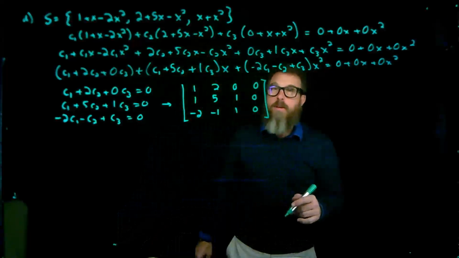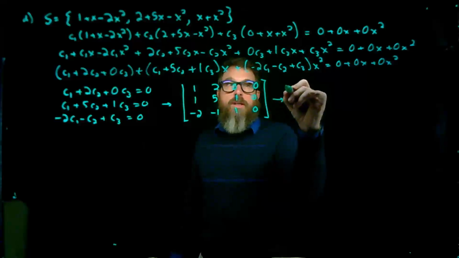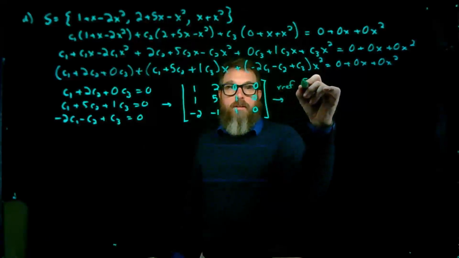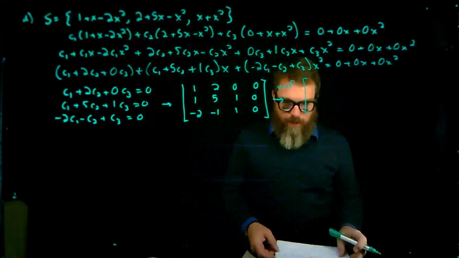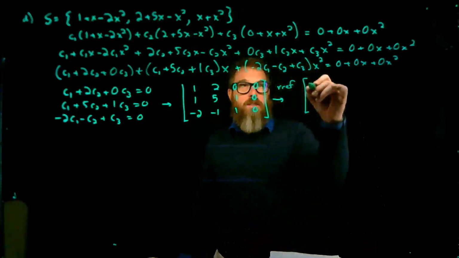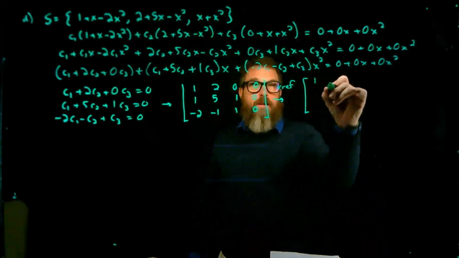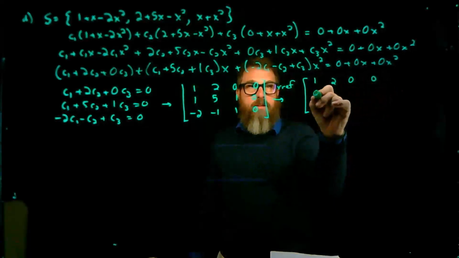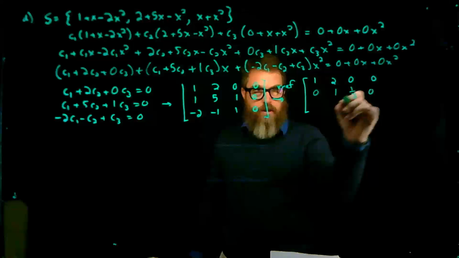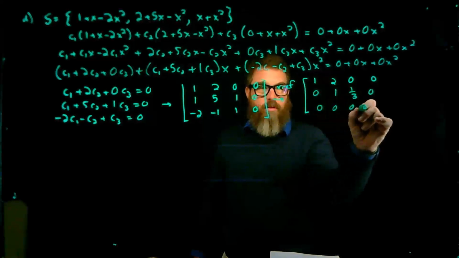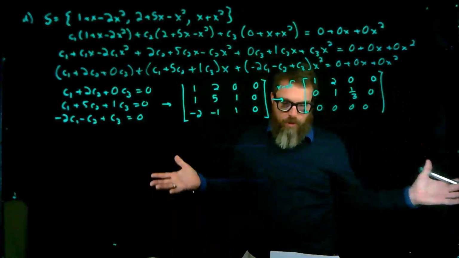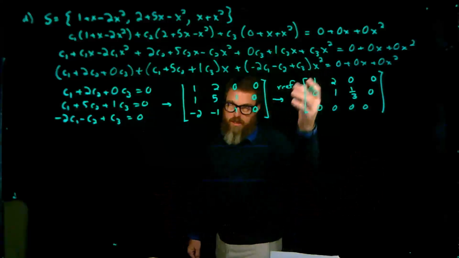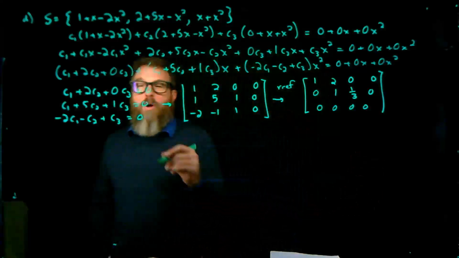Now, when we row reduce this to echelon form, what we're going to get is 1, 2, 0, 0. This would be 0, 1, 1/3, 0, and this would be 0, 0, 0, 0. Again, almost immediately showing linear dependence. I can see that this is going to give us a non-trivial solution.